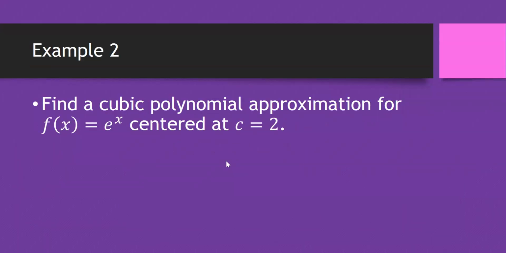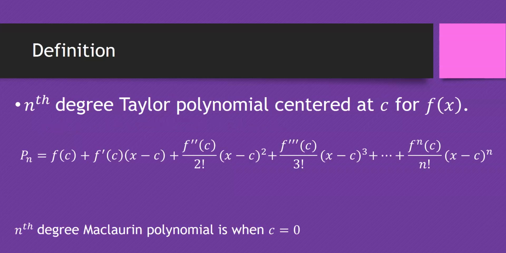Now, obviously, there's a pattern here. Hopefully, you saw it. And basically, the nth degree Taylor polynomial centered at c for f of x, that's an approximation for f of x. The coefficients, well, let me start with this.